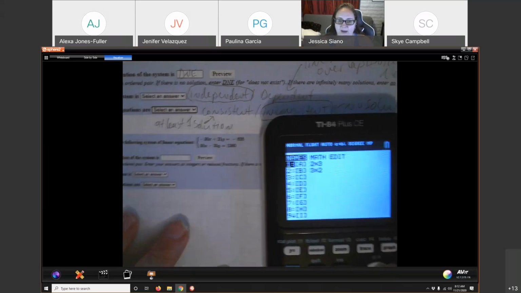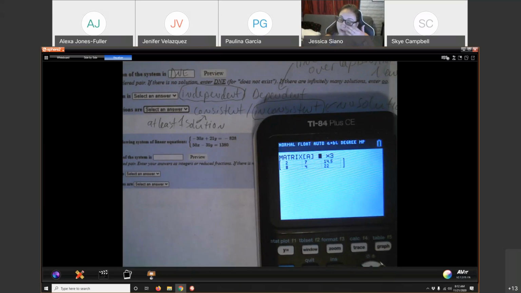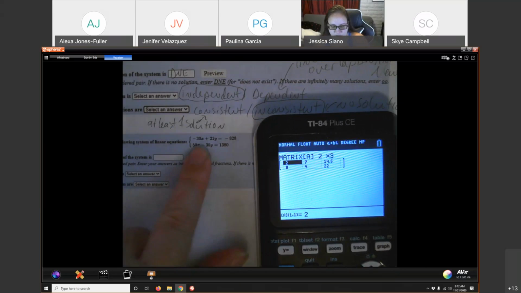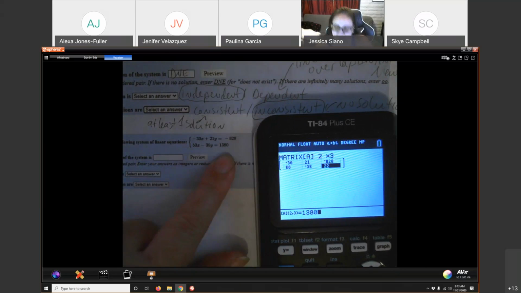We're going to go over to edit. And essentially what we're going to do is just put in the coefficients. So this would be 2 by 3 because it has 2 rows and 3 columns. And it would be -30, 21, -8, 28, 50, -35, 1380.